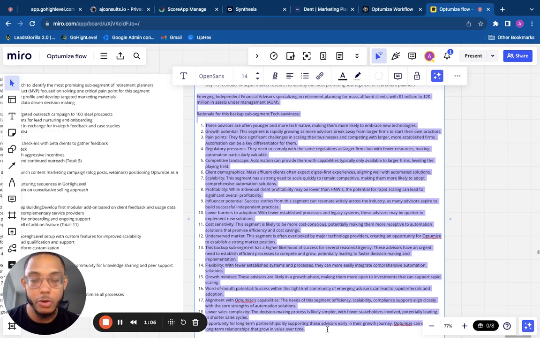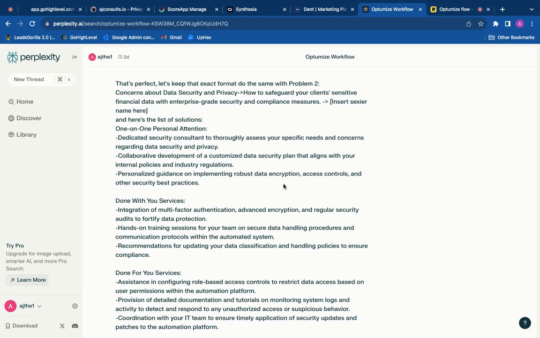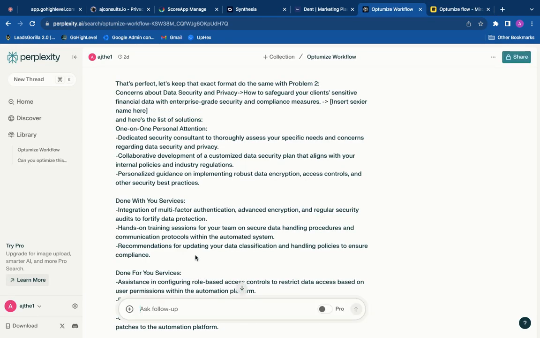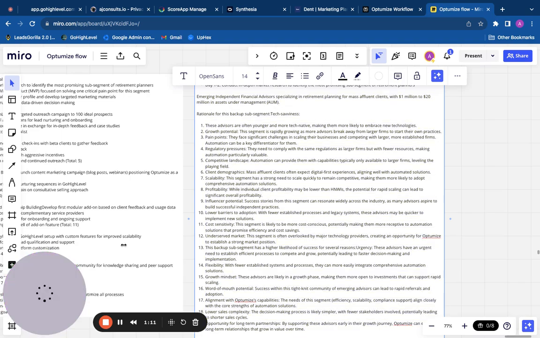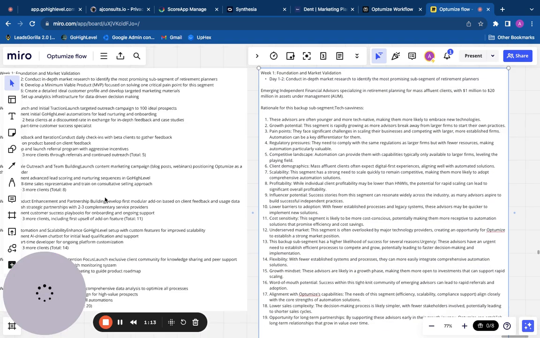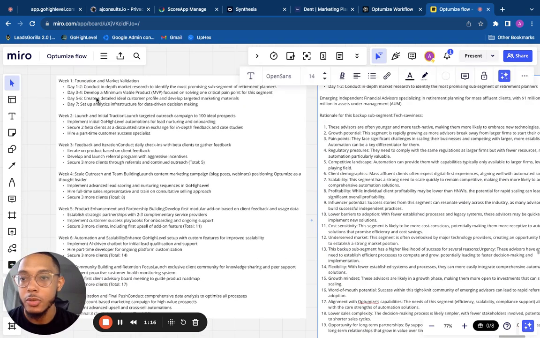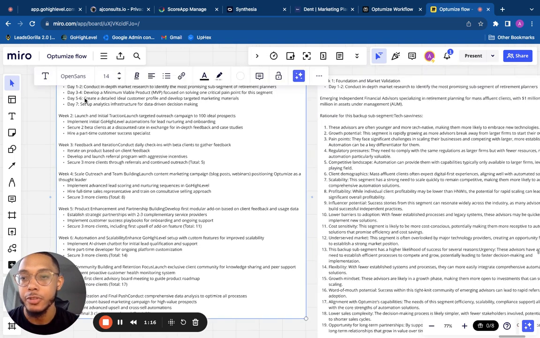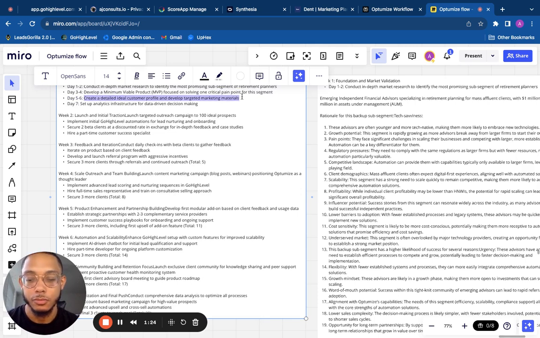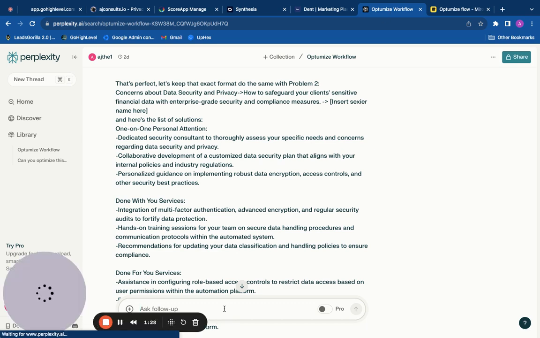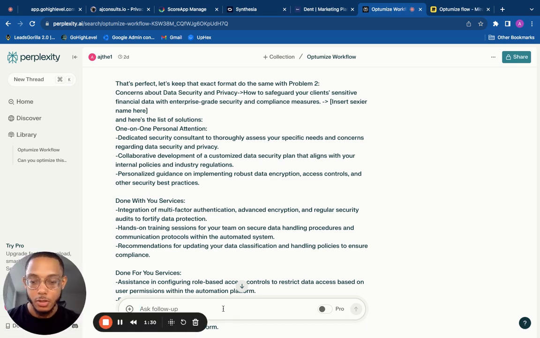Copy all this. We'll go over to Perplexity. Actually, let's do this. Let's copy this part right here first to give the instructions. Then we'll go over to Perplexity. Okay. Boom.